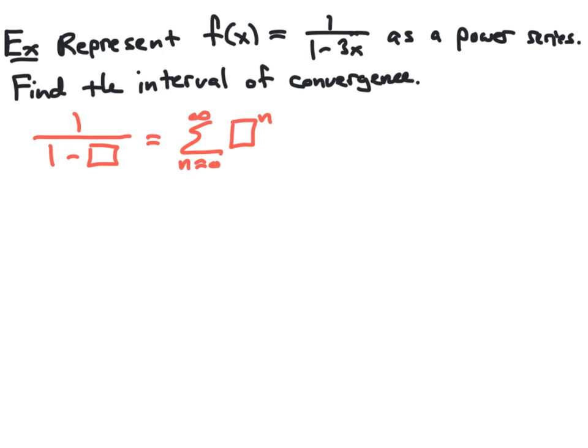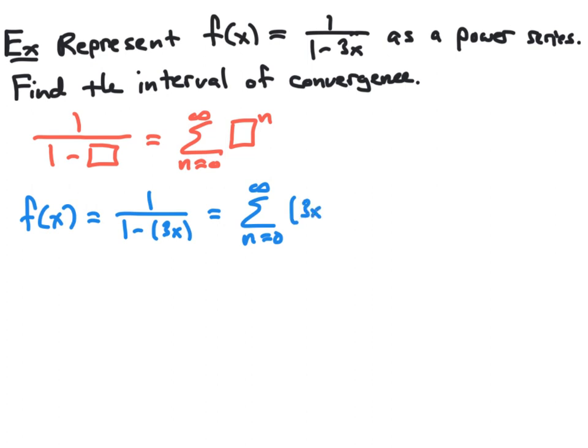And so in this particular example, we have a function 1 over 1 minus 3x. Here this function has the form 1 over 1 minus something, where that something is the expression 3x. This means that we can write this as a power series of the form n equals 0 to infinity of the something, 3x, to the nth power.